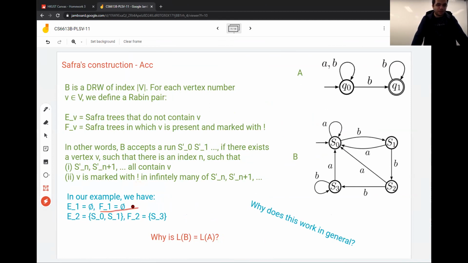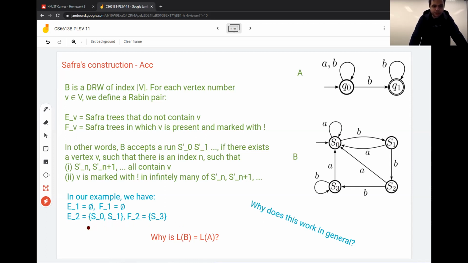So the set of Safra trees where they have 1 and have an exclamation mark is also empty. But if you compute it for vertex 2, you get this. So our deterministic Rabin automaton is this automaton, and the pair is this.